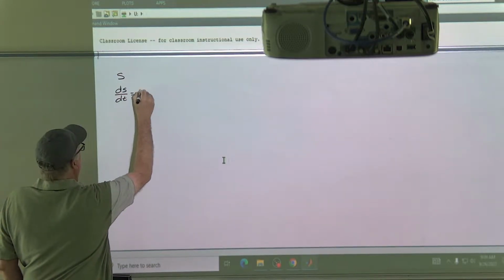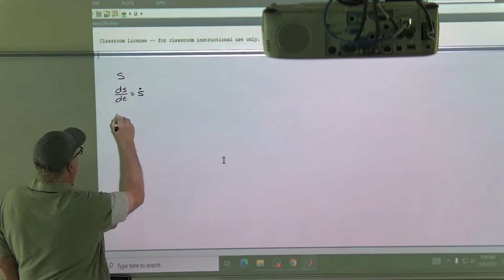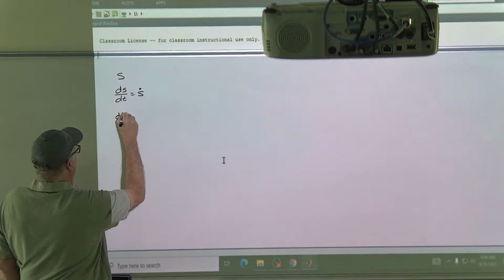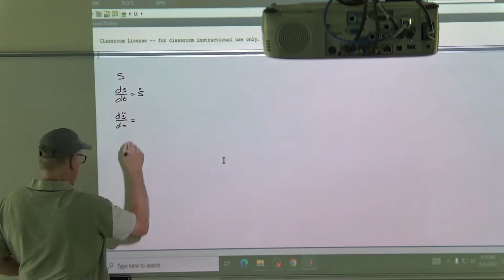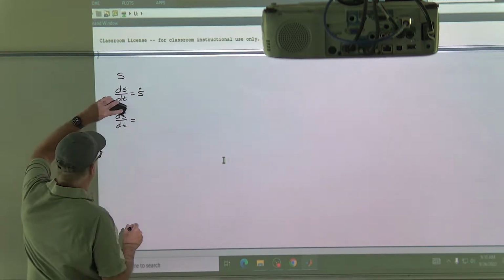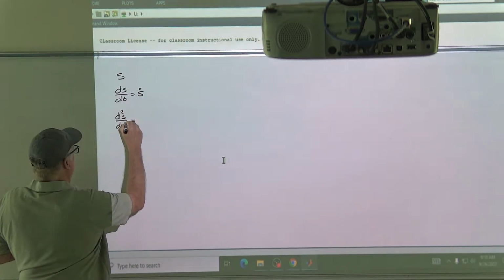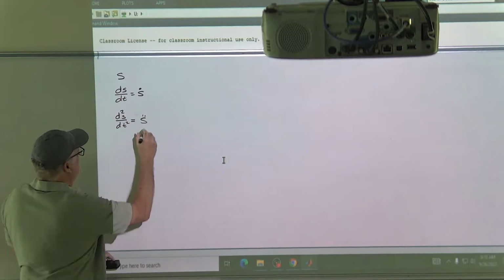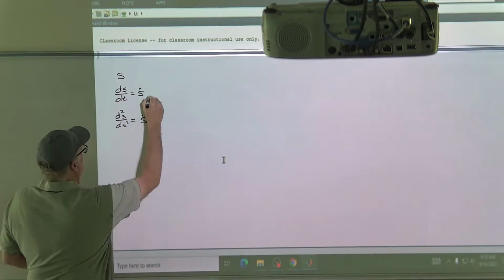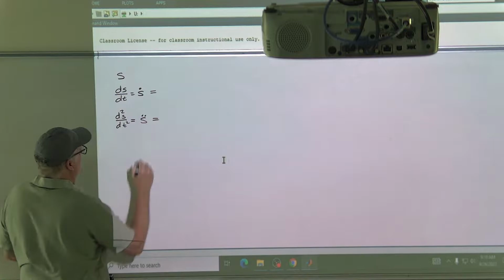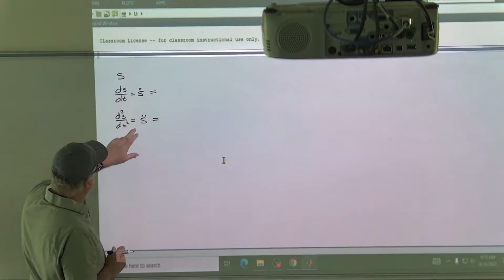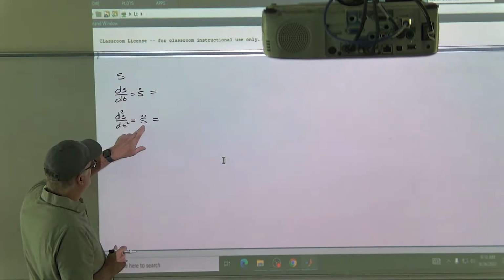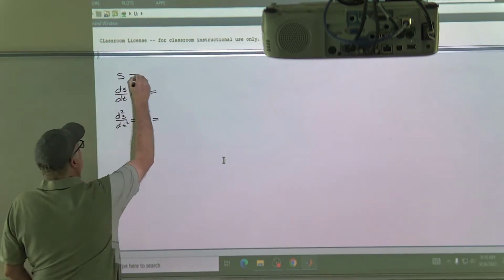In mathematics, they would put a dot over this, and then they would have two dots. They would have two derivatives, which would be two dots. Now somebody, umpteen years ago, decided to rename these. So this is technically a derivative and a double derivative, and this is the position.